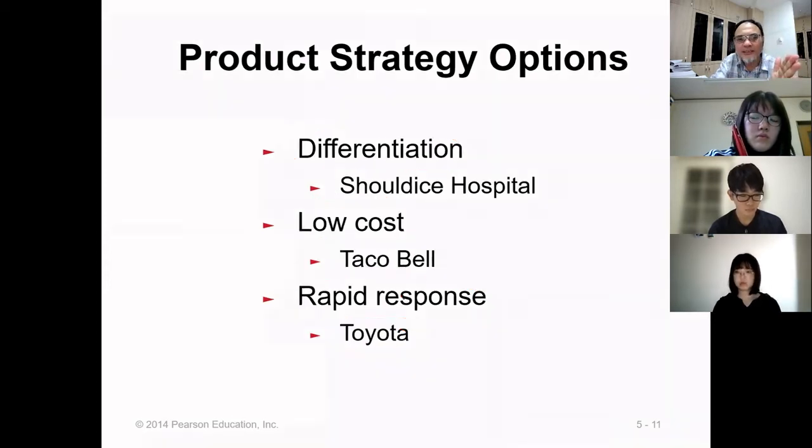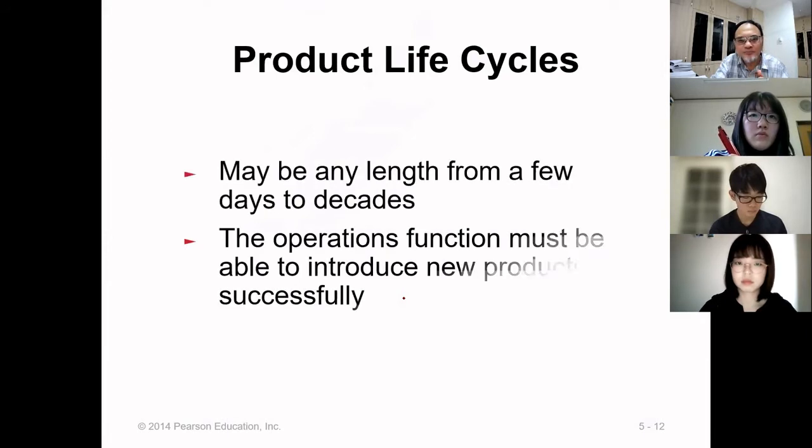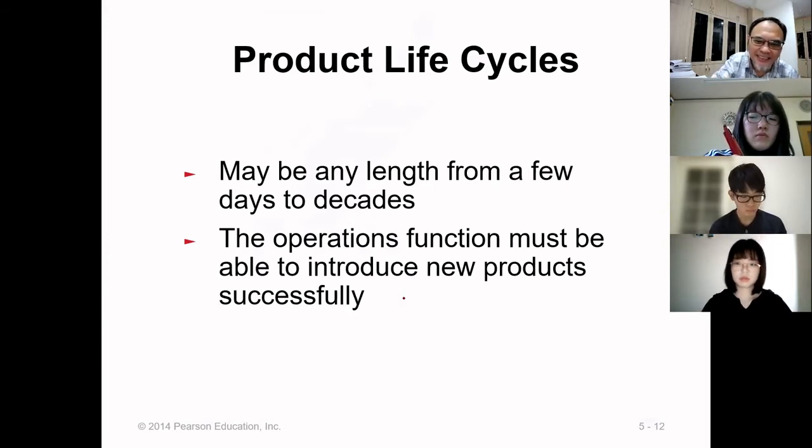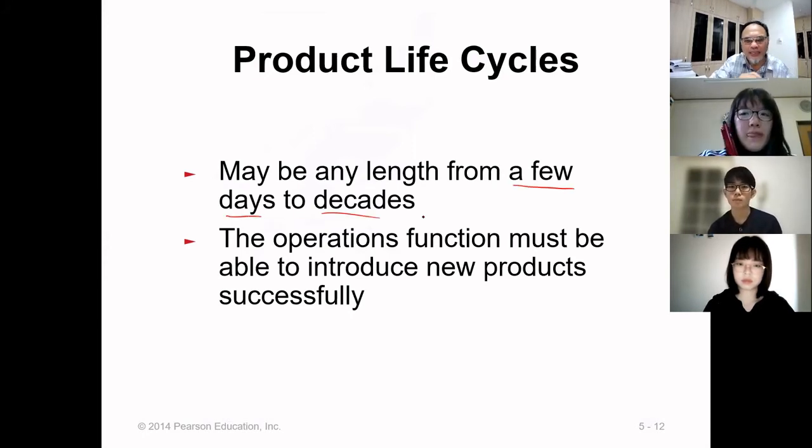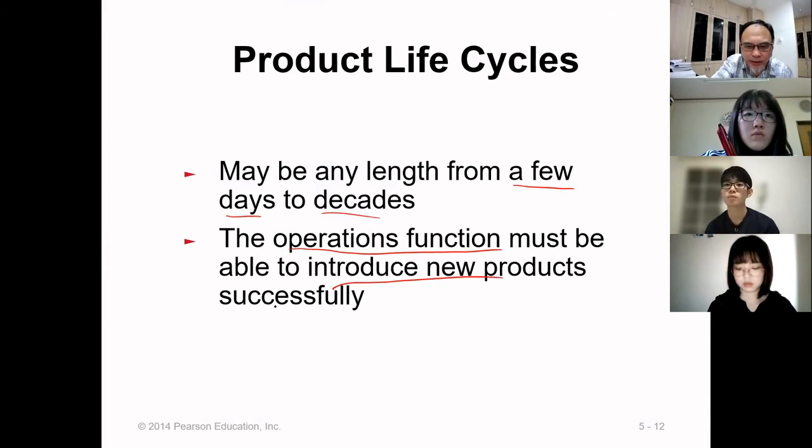Anyway, product strategy. You have this now. So product life cycles can be anywhere between a few days to decades. And of course, the operations function must be able to introduce new products successfully.